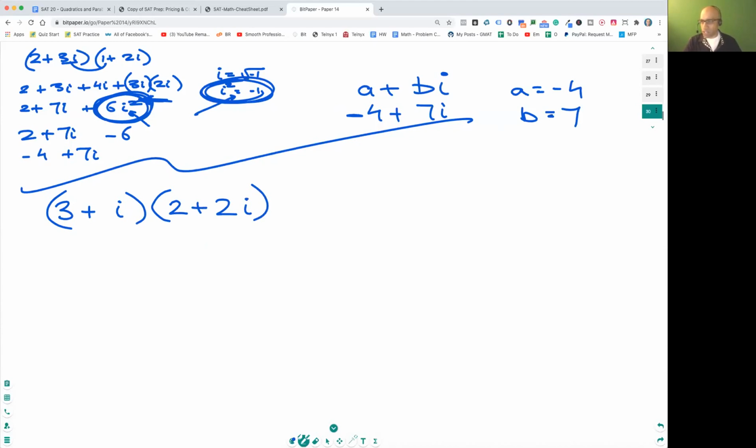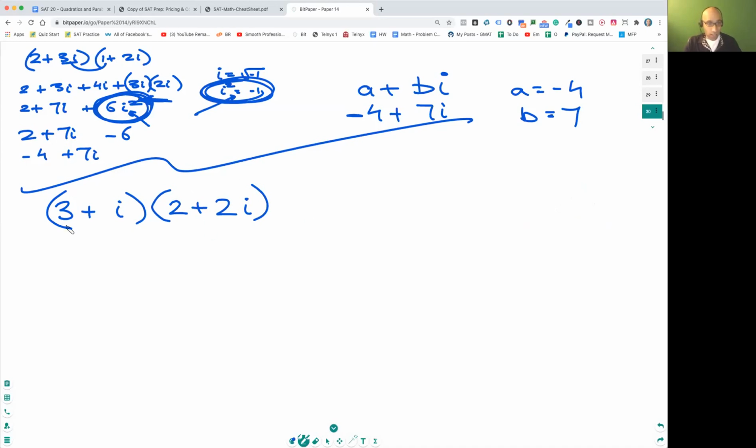Yeah, you're just rearranging it. For Ritvik, it's -4 plus 7i, or 7i minus 4, the same thing. You're just rearranging this guy here. Okay, well done.